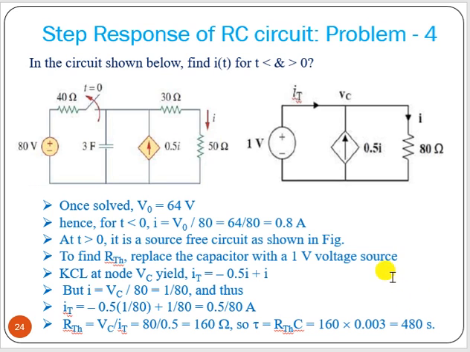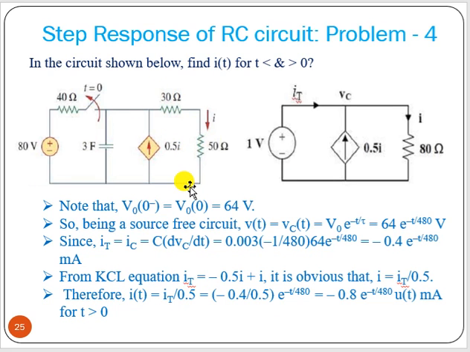So you got RTH, and you can find out tau, that is RTH into C. Now you can see in this circuit, if this is open circuited, there is no independent source, that means the capacitor will discharge its energy to this resistor, so it will be a discharging equation.